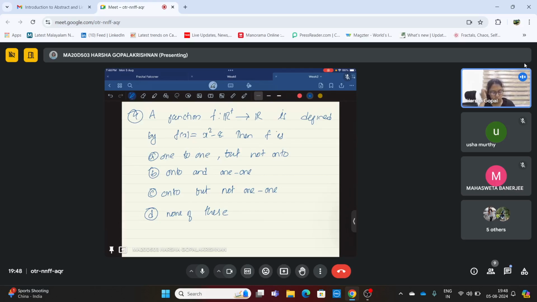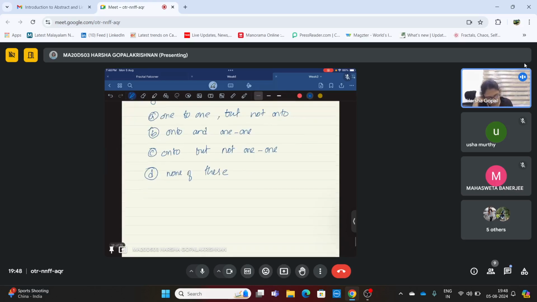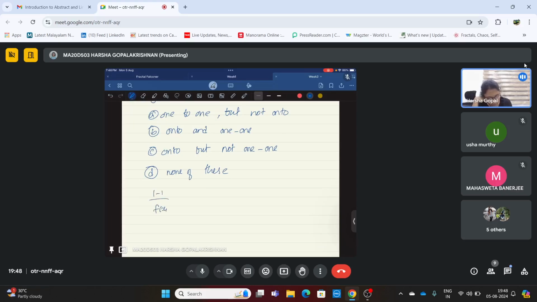Okay. So 1-1 we know, like for distinct elements there should be distinct images. Or how we can write it is, 1-1 means f of x1 equal to f of x2 implies x1 equal to x2. Okay, this is one condition we can check for 1-1.